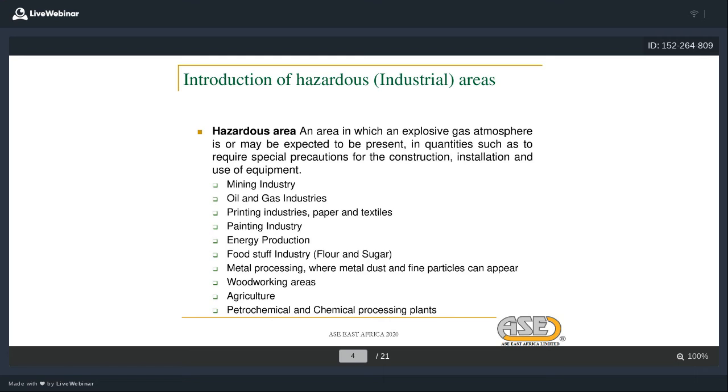Energy production, painting industry, metal processing, where you can find dust and fine particles. Woodworking areas, agriculture, where you can find biogas, disposal industries, recycling industries, and foodstuff industries. People normally don't understand this foodstuff industry too. These explosive materials can exist, such as flour, sugar, spices, rice flour, and so forth.